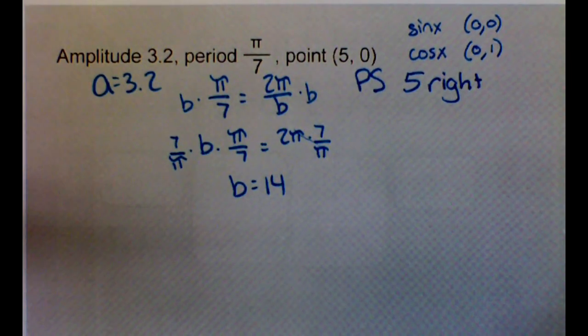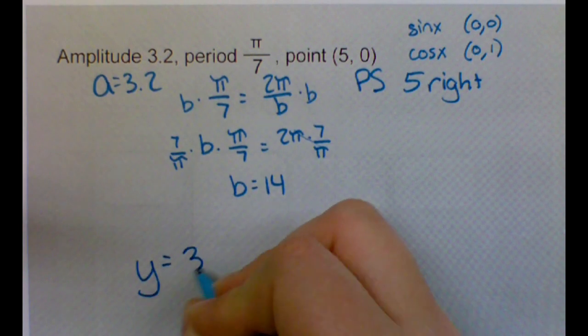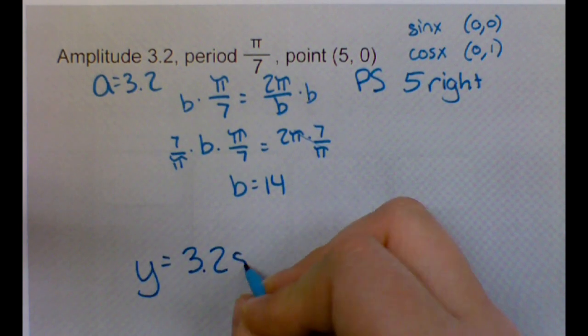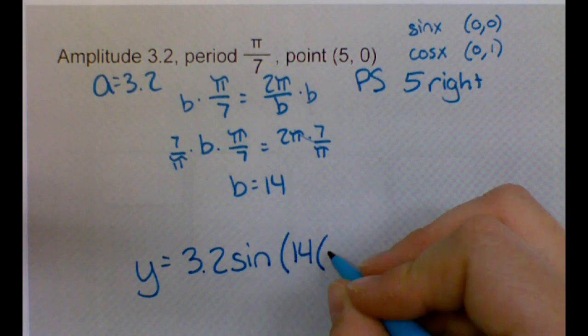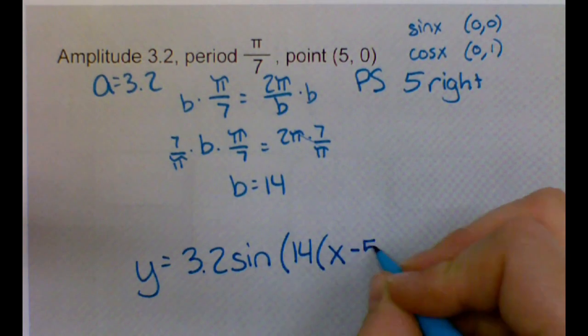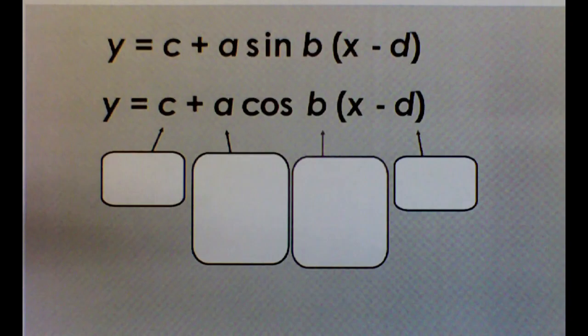That's probably how I would go about it. So my y equals 3.2 times sine of 14 times x minus 5. Usually our phase shifts have a pi in them. This one doesn't. It looks weird, but it works.